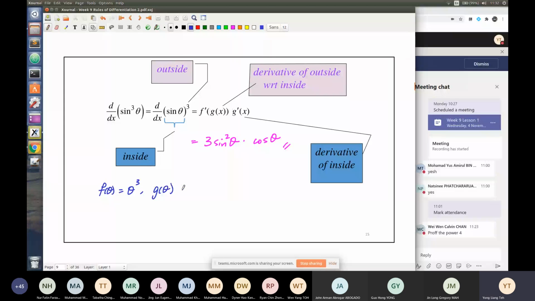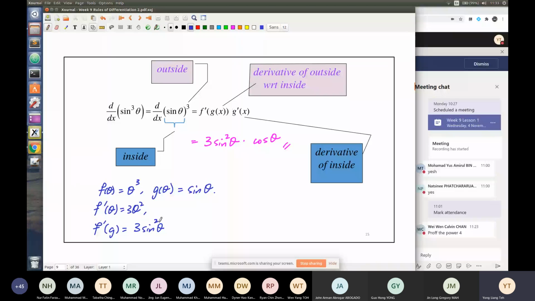So g of theta is sine theta. F prime of theta is 3 theta square, so f prime of g is 3 (sine theta) whole thing squared.